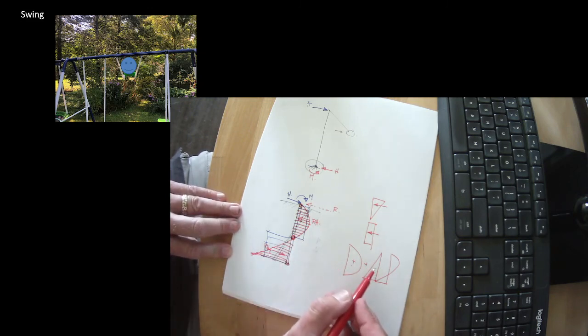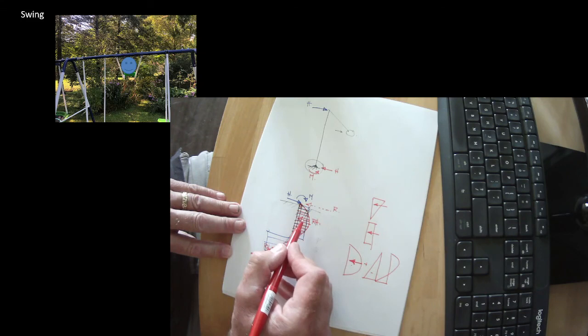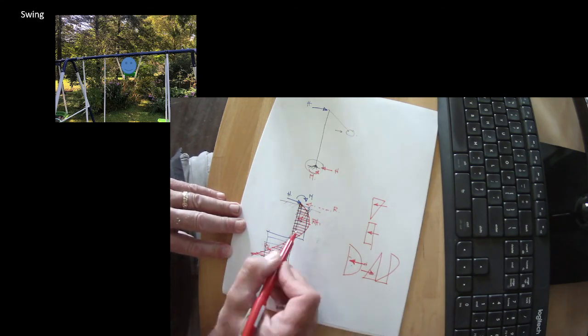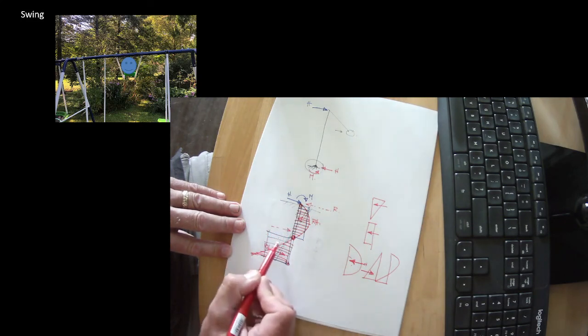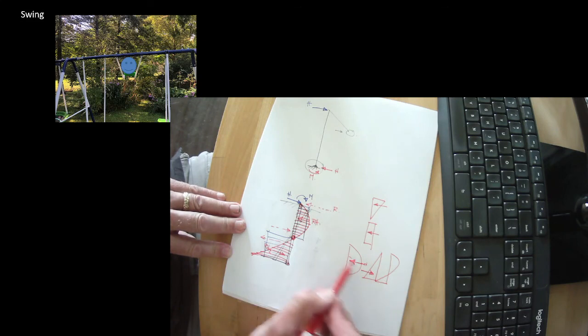We can have a reaction to the resultant of the parabola pushing this way, the resultant of a triangle pushing this way. We can solve those two, the parabola being here, the triangle being here. We can solve those two for equilibrium.